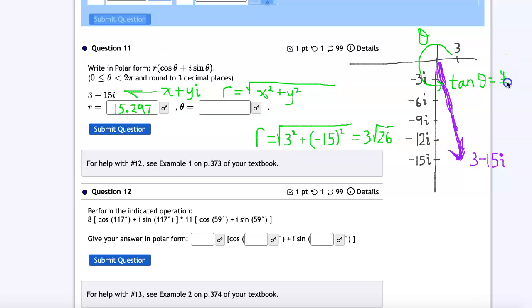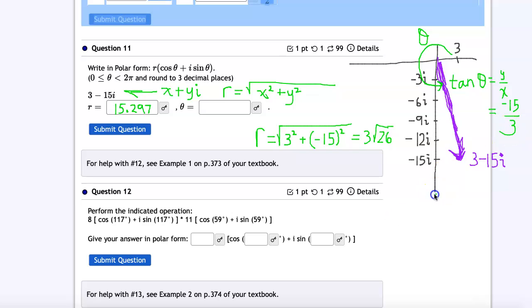So we can rewrite this as -15/3, and then type that into the calculator. Make sure you are in radian mode in the calculator. I'm going to switch to radian mode, and then do the tan inverse of -5. And you will get a negative number.